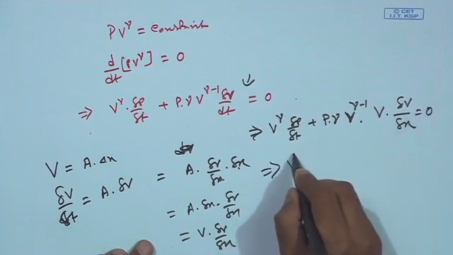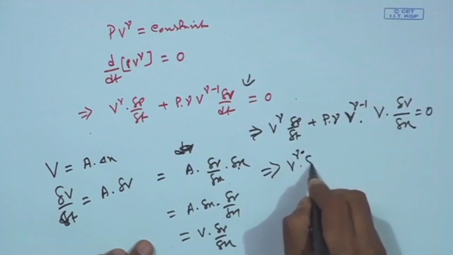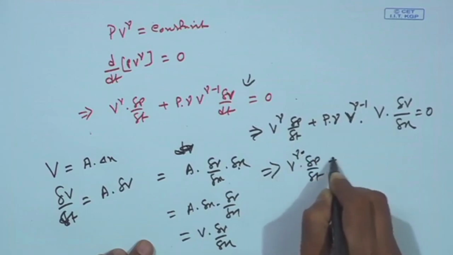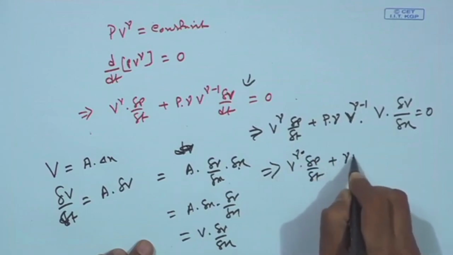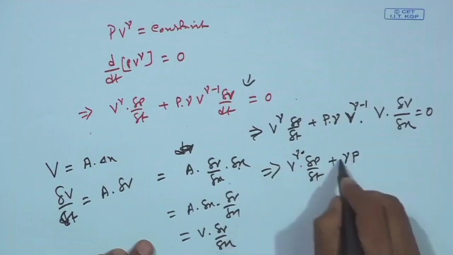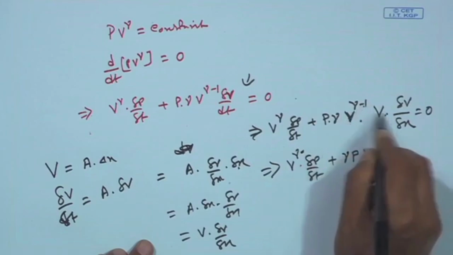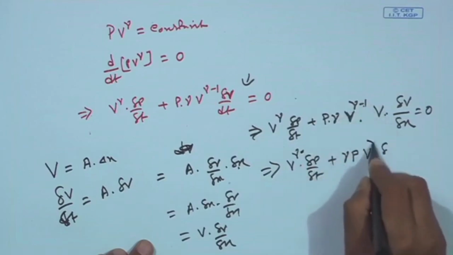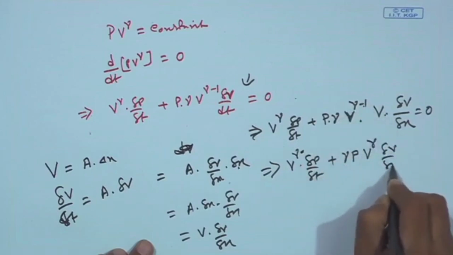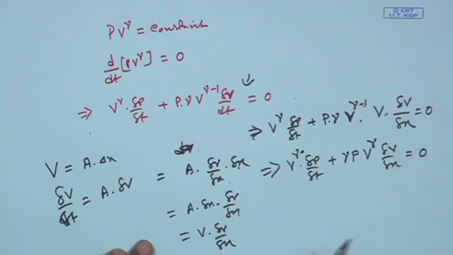So, v to the power gamma into del p by del t plus p gamma into V to the power gamma minus 1 into v, del v by del x is equal to 0. Okay.